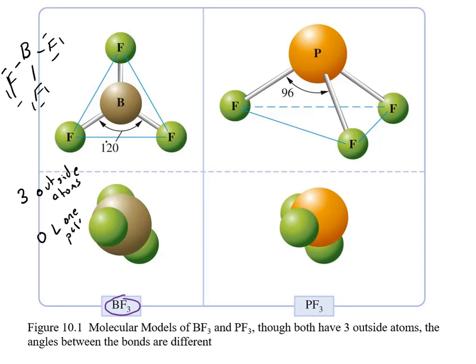And the big thing is that when I draw the structure, the angle between these bonds is 120 degrees. This is phosphorus trifluoride, PF3. P is still my central atom. I have my 3 fluorines around it. But this one also has a lone pair. Even though it's not drawn here, there is a lone pair.